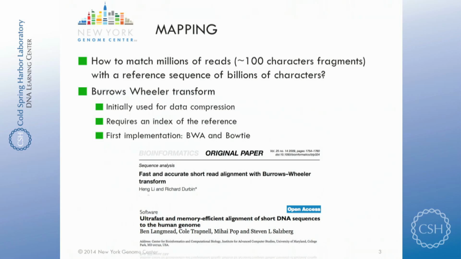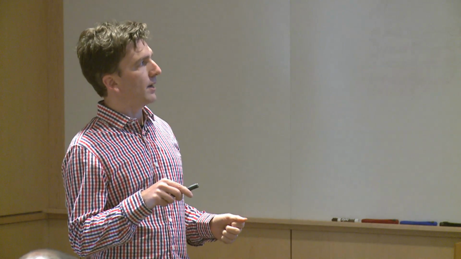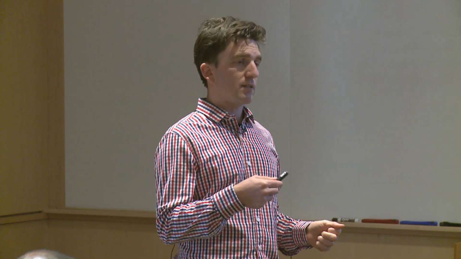So we take the reference sequence, we transform that into an index, and then we map the reads to the index. What it allows is to do it really fast, find all possible matches of a read to the index, and also allow for some mismatch.